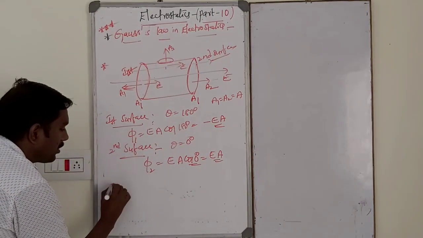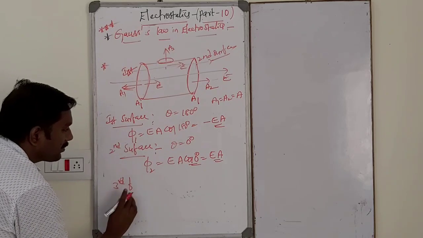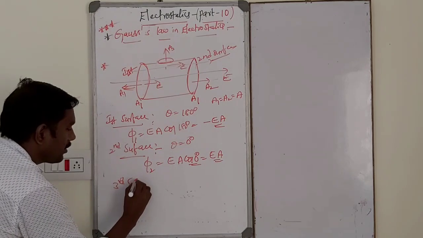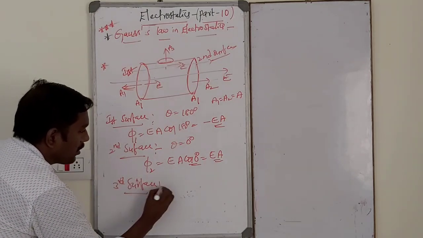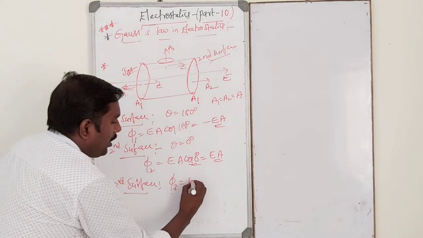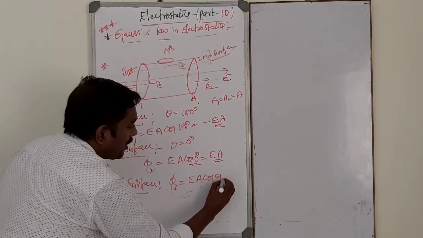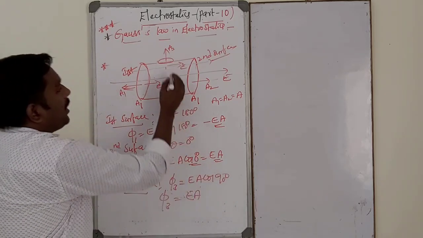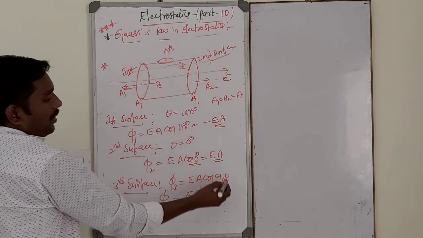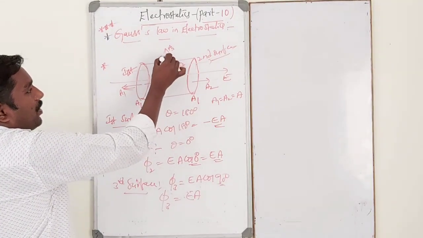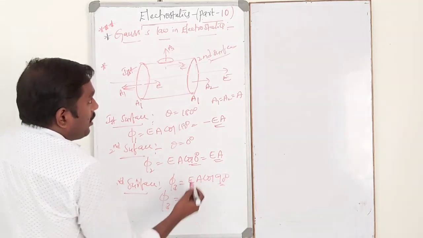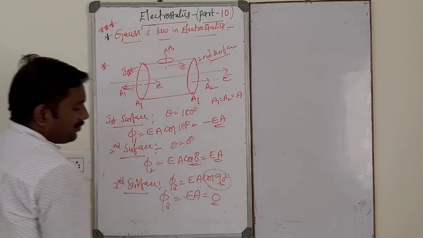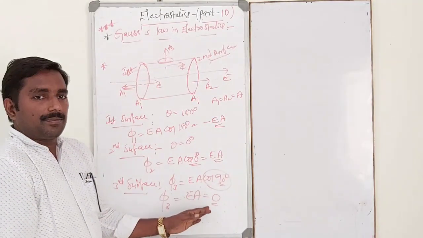Then flux on the third surface, phi 3 is equal to EA cos 90 degrees. Cos 90 means 0. That is 0.